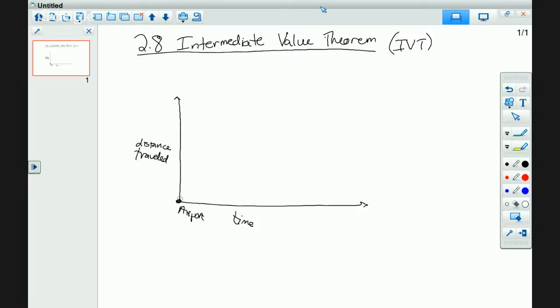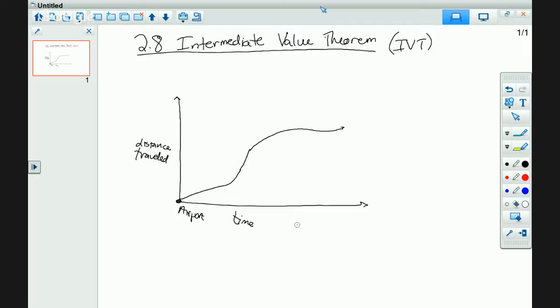If it takes off, is there any point at which it's going to skip a value and start a new one? So it has to be a continuous track, right? Airplanes don't just disappear and appear somewhere else. So an airplane has to have a continuous track.